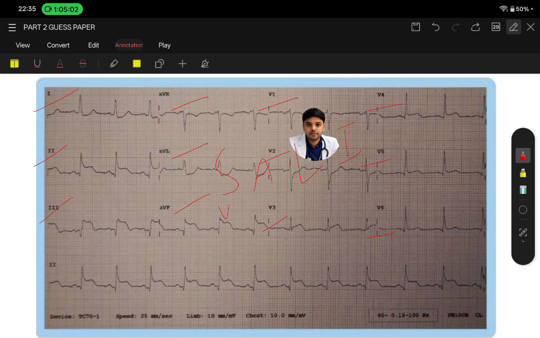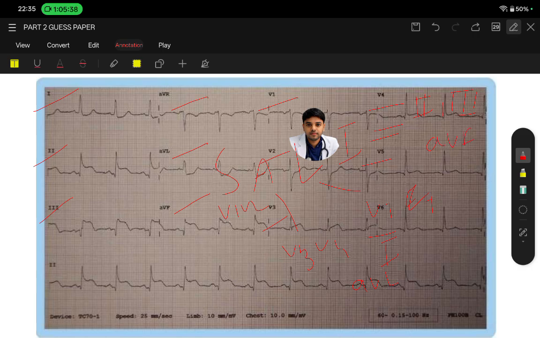Septum, you have to see V1, V2; anterior V3, V4; lateral V5, V6, and you start with the limb lead 1 and augmented lead AVL. Inferior, we have limb leads 2, 3 and the augmented lead AVF.